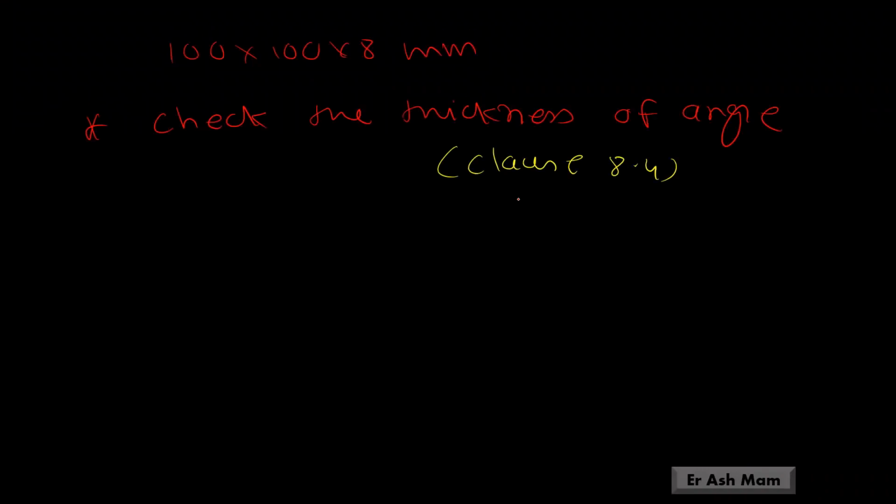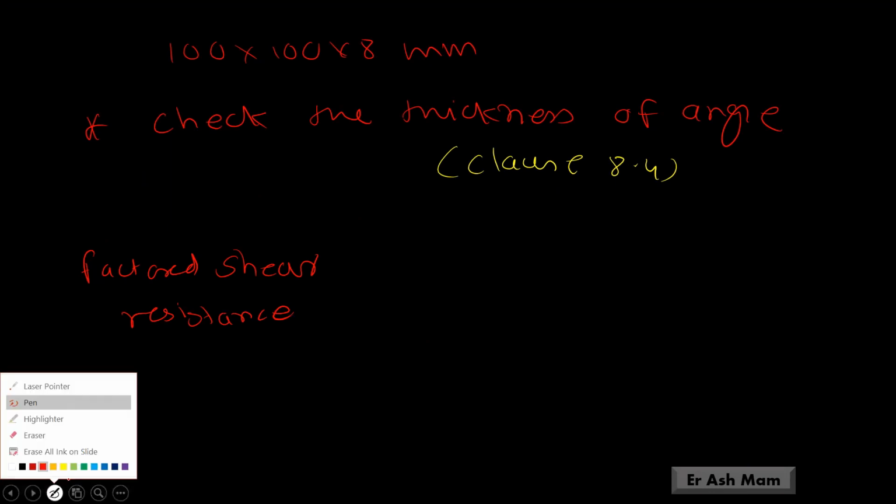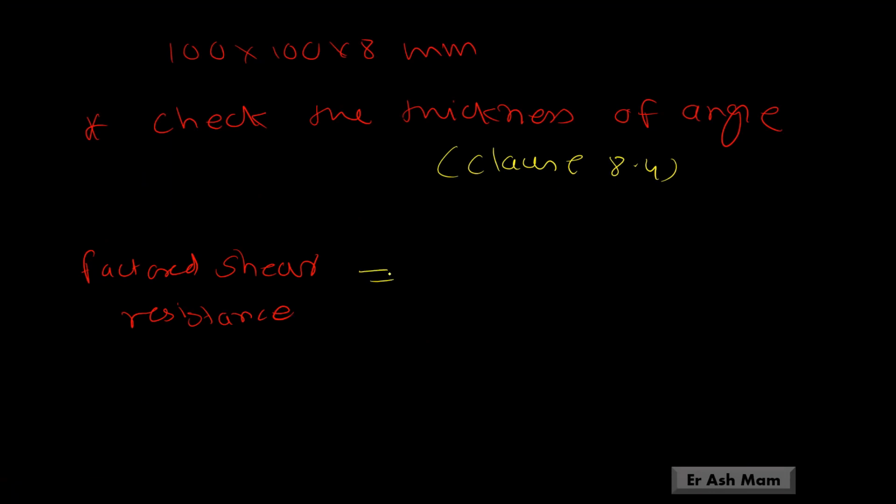According to clause 8.4, factored shear resistance equal to shear area into fyw upon root 3 into gamma m0.